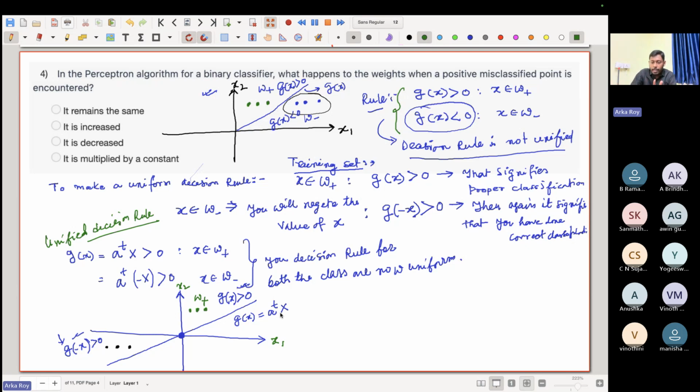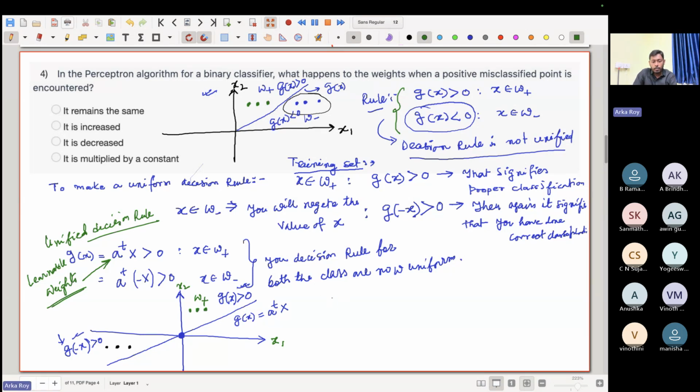Then only you will get the error, and the error will be optimized through a gradient descent based weight optimization technique. And over here, A is basically those weights, or to be more precise, these are the learnable weights.